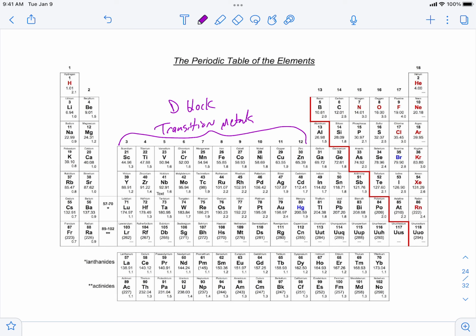If I combine the alkali metals and the alkaline earth metals, what are those called together? Over here. That's the S block, right?